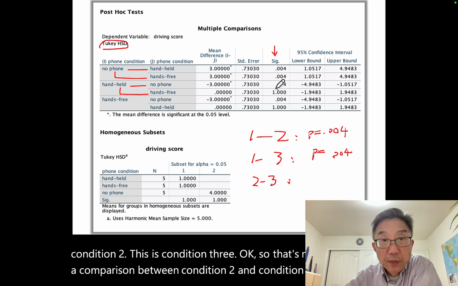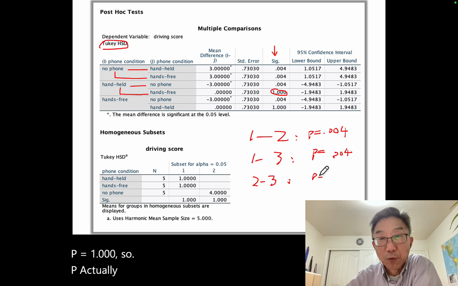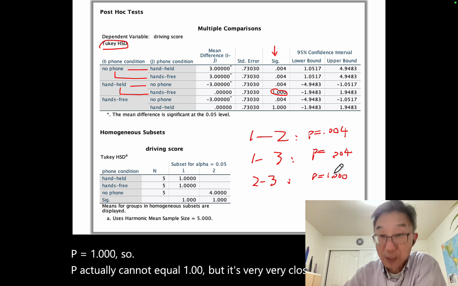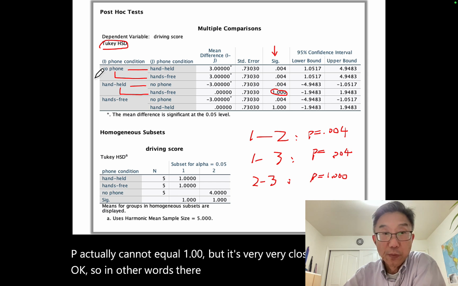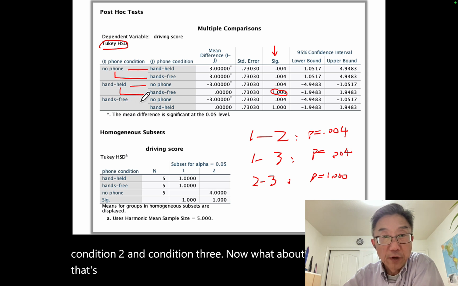And this time, p equals 1.000. So p actually cannot equal 1.00, but it's very, very close to 1.000. In other words, there was no significant difference between condition 2 and condition 3. Now, what about this last one? That's condition 3 versus condition 1. Redundant.